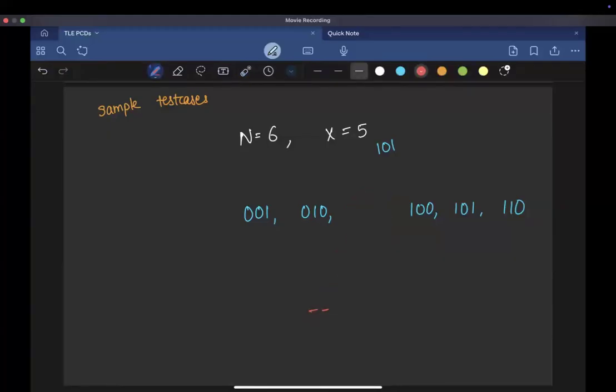Let me take an example. If you do 3 bitwise OR with any number, no matter what number you choose here, the last two bits, the two least significant bits that are already set in 3, will remain set.